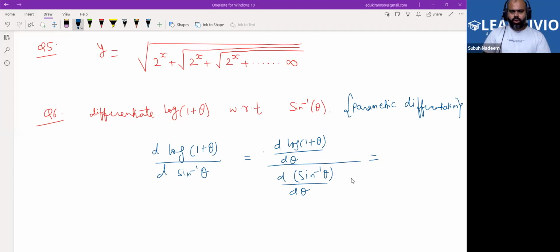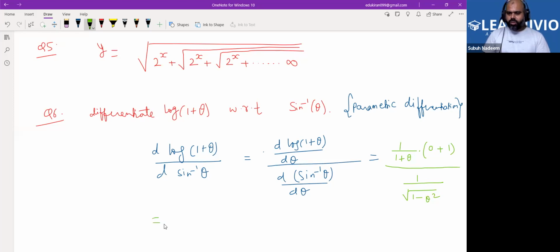Yeah, sort of it is correct, because when we differentiate log of 1 plus theta, I should tell in detail that the differentiation of log is 1 by 1 plus theta, and further differentiation of 1 plus theta is 1 is 0 and theta is 1. Sine inverse theta, when you differentiate, it is 1 by root over 1 minus theta square.